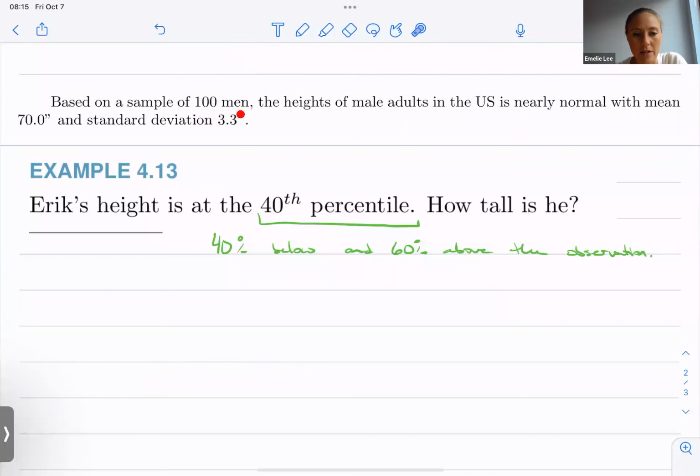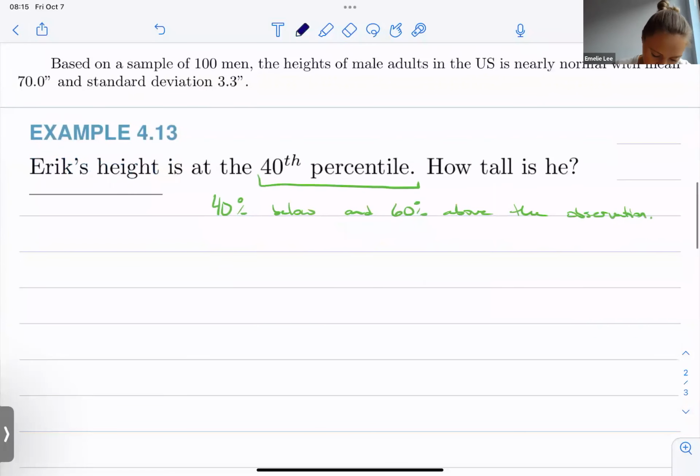Based on a sample of 100 men, the heights of male adults in the US is nearly normal. Good, I can't believe I was going to start this example without any information. Nearly normal, so we know the shape, with a mean of 70 inches and a standard deviation of 3.3 inches. I'm completely useless with inches, but let's just use them as numbers. Luckily, they're decimals. Inches are insane.